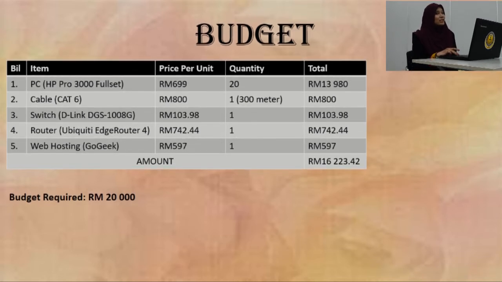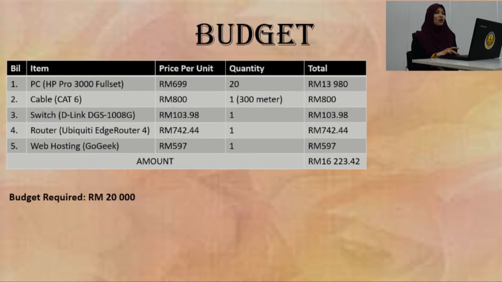The switch is the best switch that we chose, the D-Link DGS 1008G, which the price is 103 ringgit and 98 cents. The router is also the best router, the Ubiquiti Edge Router 4, which costs 742 ringgit and 44 cents. And lastly, the web hosting is GoGeek, which is 597 ringgit.